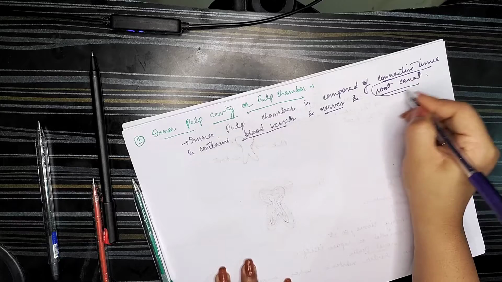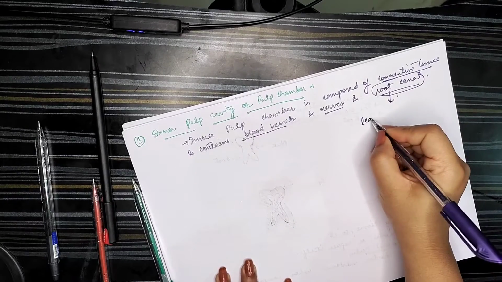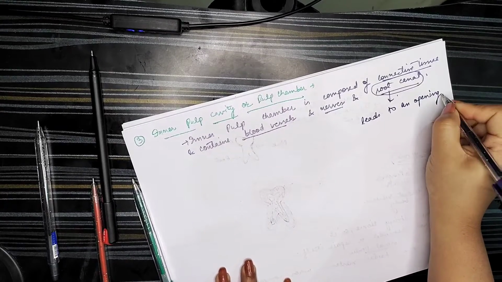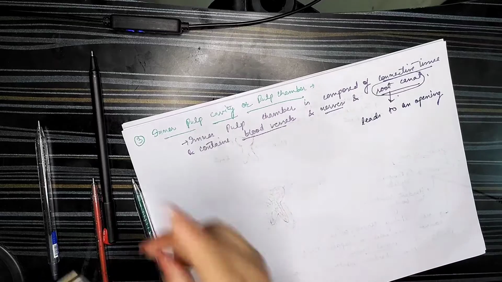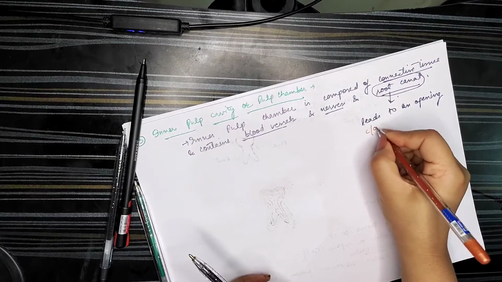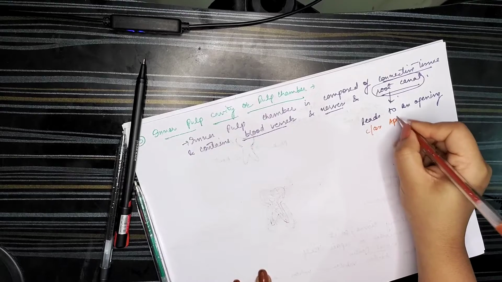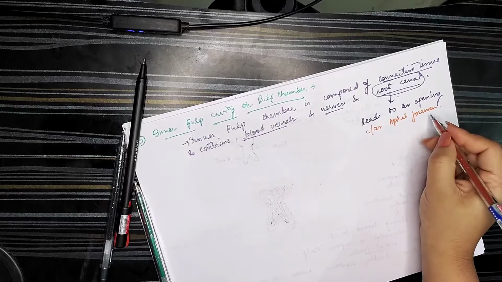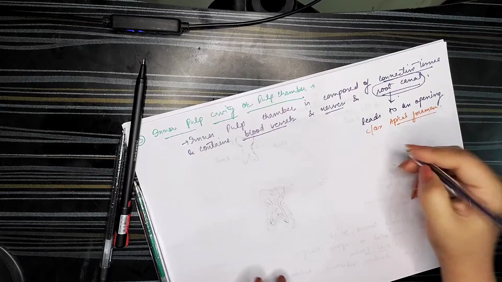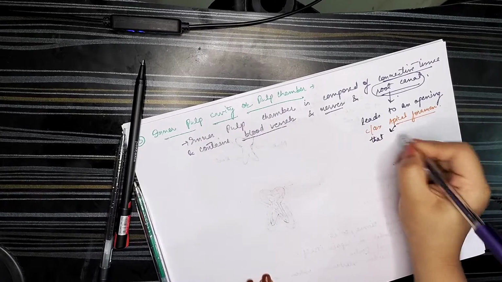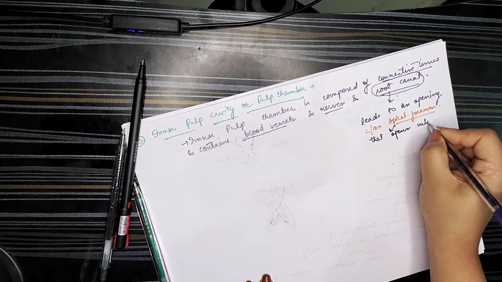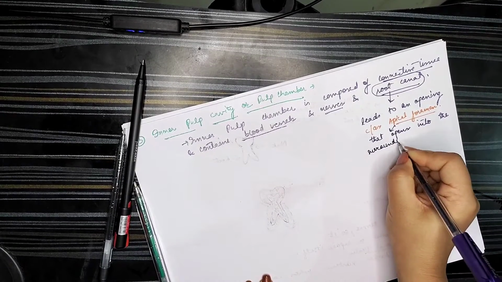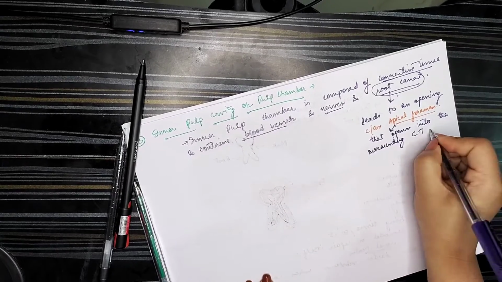And this root canal leads to an opening which is called the apical foramen, and this apical foramen opens into the surrounding connective tissue.